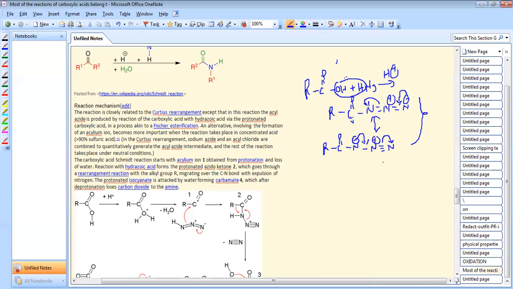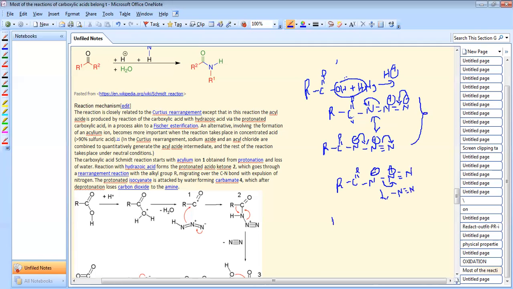In the next step, this C double bond O, and this is N, may undergo a rearrangement reaction. So how does it happen, let's see. This is N minus, this is N plus triple bond. Now this bond is shifted here, so that facilitates the removal of nitrogen gas.